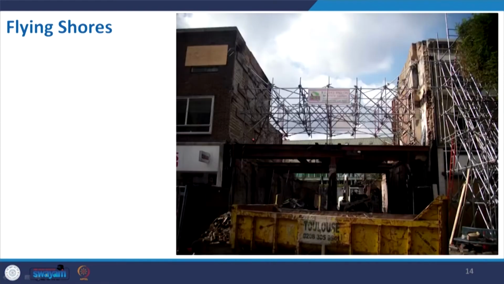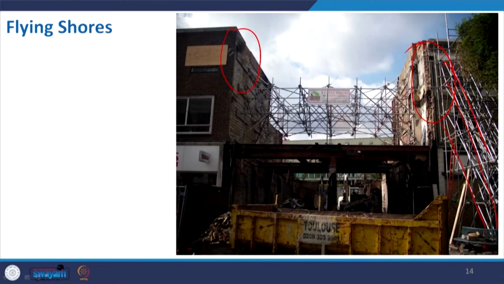Let us see this picture. You can see that though this building looks good, it is in a very poor condition. In this site the raking shores are used because they have some space, but this is somewhere we cannot have it if we need some other utility maybe.